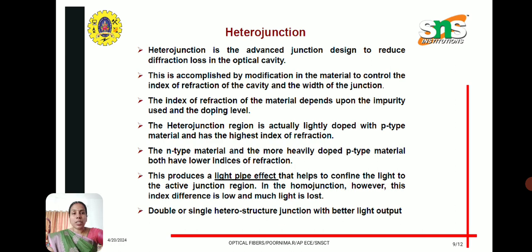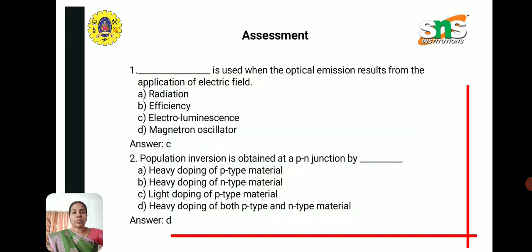The n-type material and the more heavily doped p-type material both have lower indices of refraction. This produces a light pipe effect that helps to confine the light to the active junction region. In the homojunction, the index difference is low and much light is lost. So a double or single heterostructure junction with better light output is very useful.